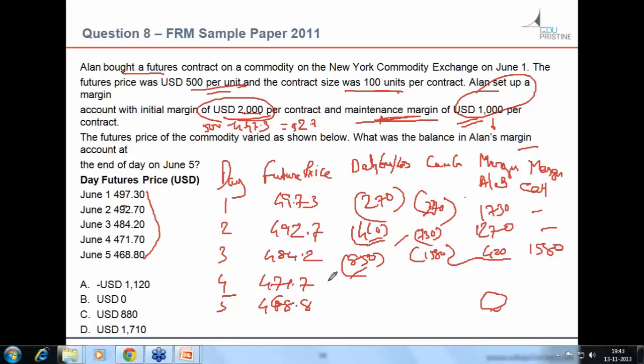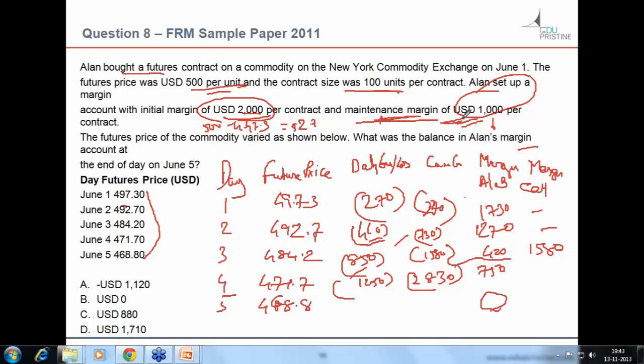Fair? Similarly, the next day he sees there is another drop in price. There is no recovery. So he sees he lost another 1250 for the day. There's a cumulative loss again of 2830. Okay. His margin account balance reduces to 750.